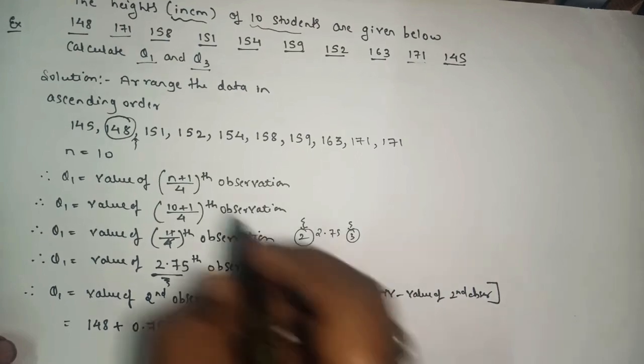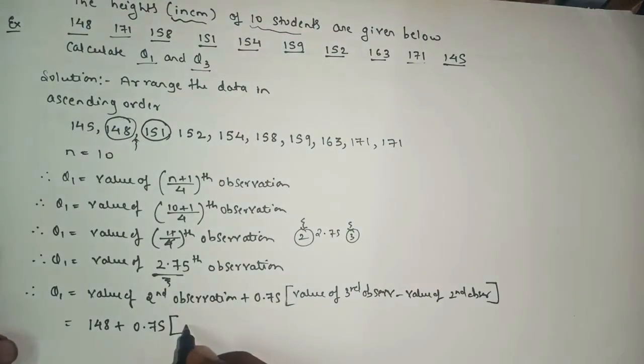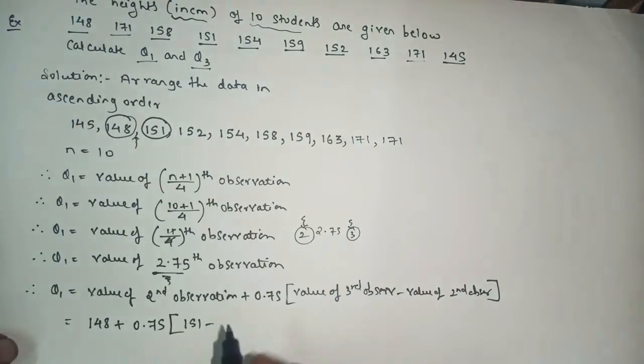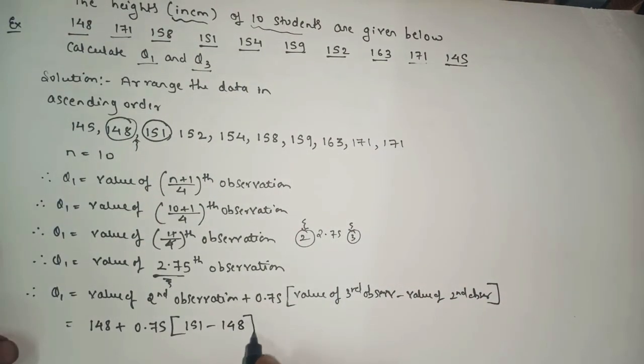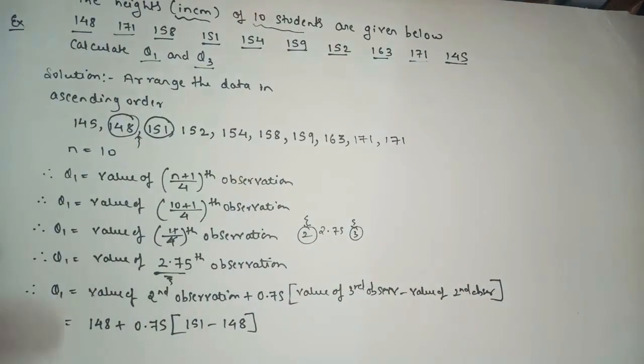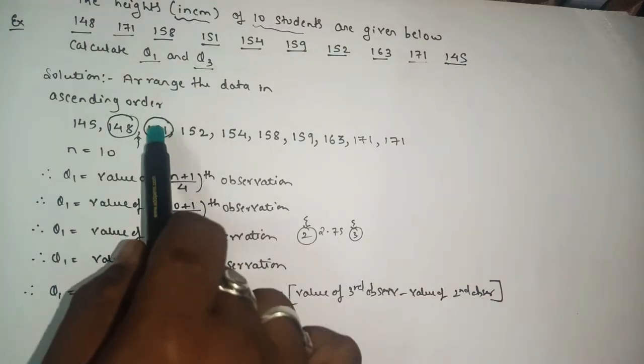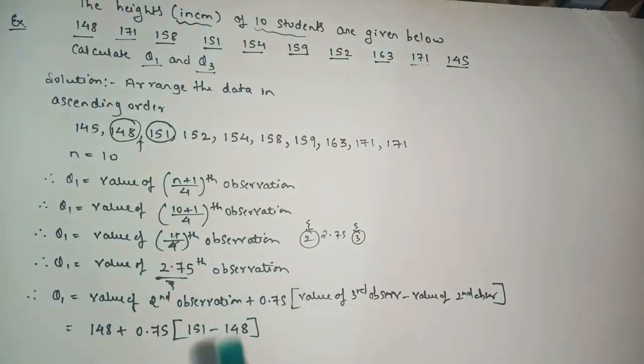So here value of third observation. Third observation is what? 151 minus value of second observation. Second observation is what? 148. Simply you have to substitute the value, seeing the observation, which says that second observation is 148, third observation is 151, second observation is 148.